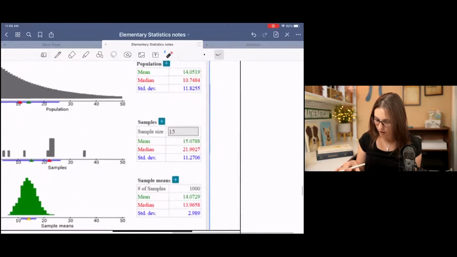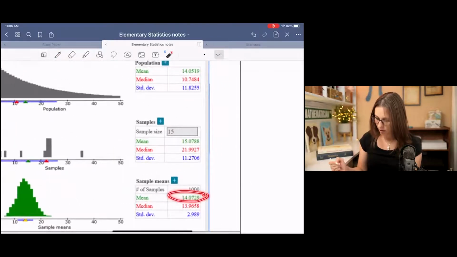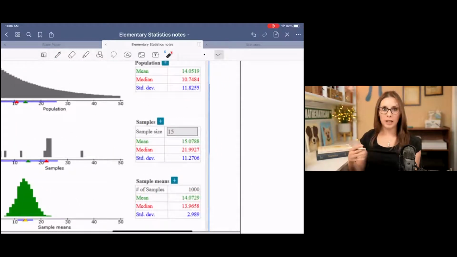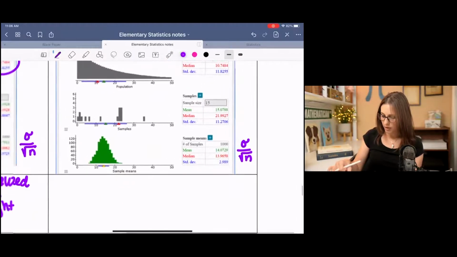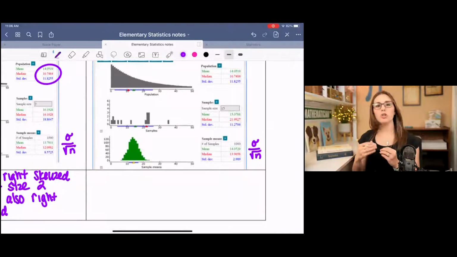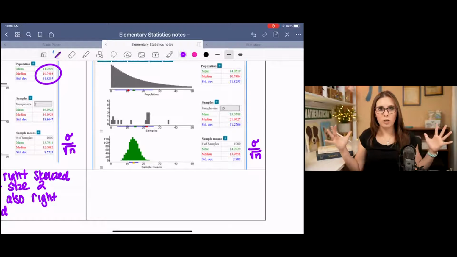If you look at the mean, that's a lot closer. Again, our standard deviation is still found by this same formula. But you can see that with a larger sample size, our sampling distribution is less spread out. We're narrowing in on this true population mean.